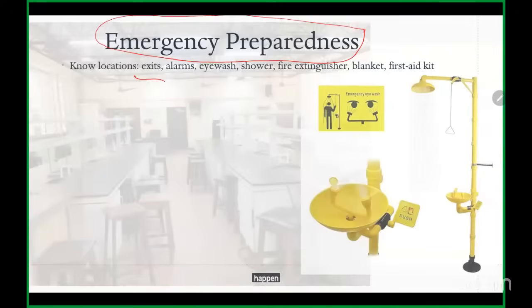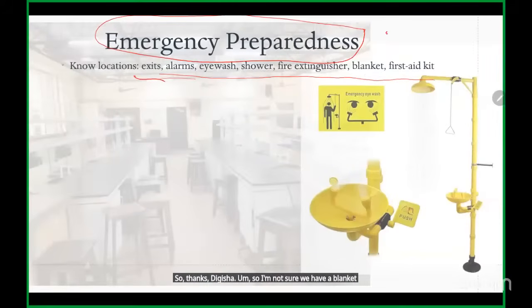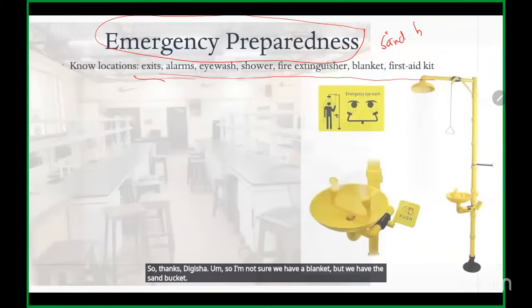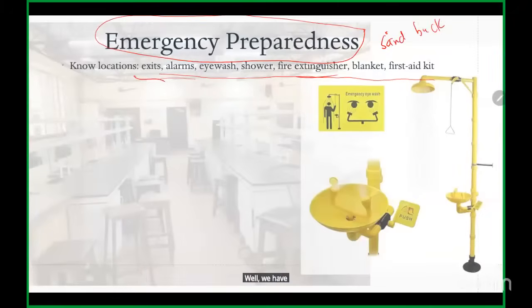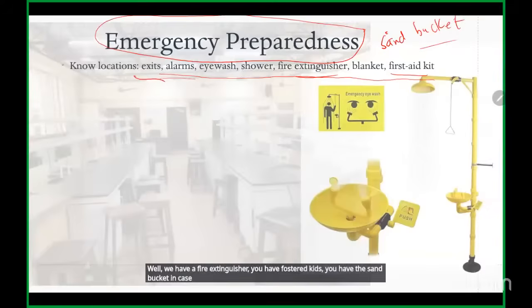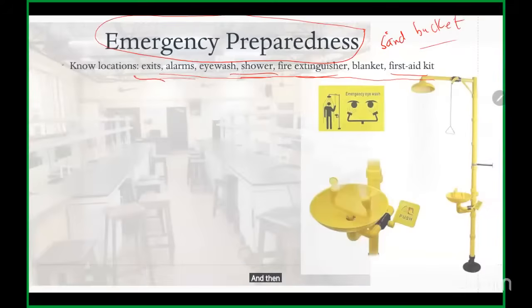How to raise an alarm: you can ask the lab staff. So fire extinguisher. I'm not sure we have a blanket, but we have the sand bucket and our fire extinguisher. You have a first aid kit. You have the sand bucket in case there's fire that you can pour on top of it. And then we do have the shower as well.